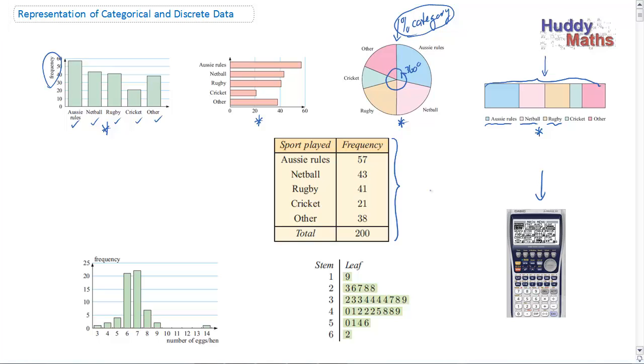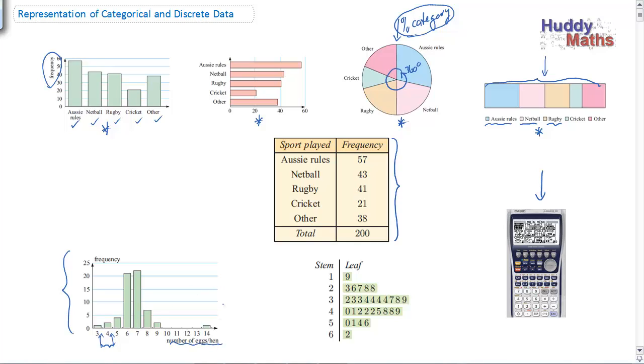Okay, what about down the bottom? Down the bottom, we've got the discrete data. Discrete meaning that you have separate numbers that you have measured. So it's similar to categories in a way, because you can't have anything in between. Can't have anything between 3 and 4, because this is the number of eggs laid per hen.